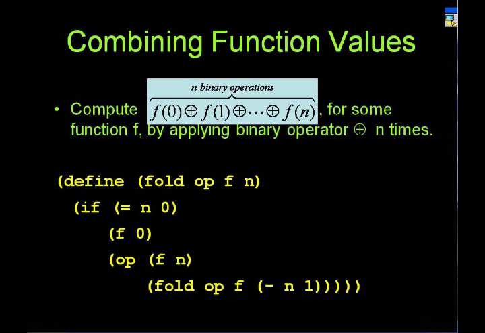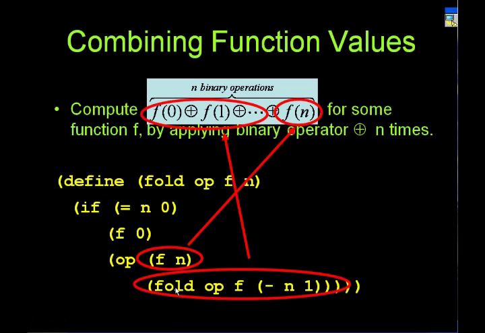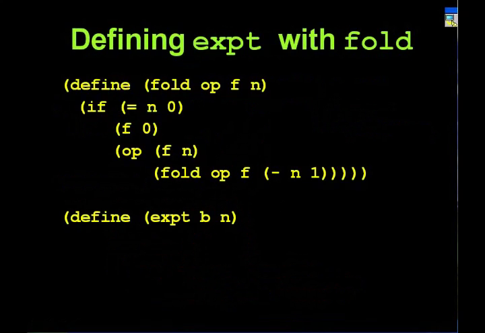This is a very basic application of recursion. So F0 is this thing, Fn is the last term, this whole part here is this part, and then this is the operator. Clear? Very good.